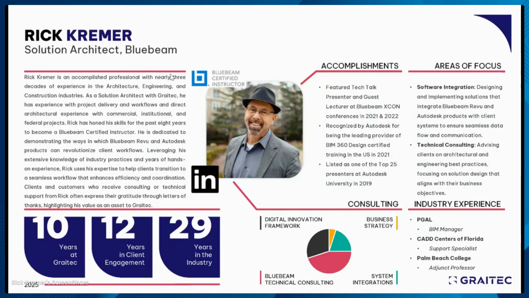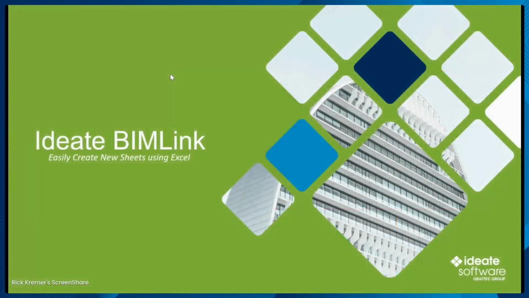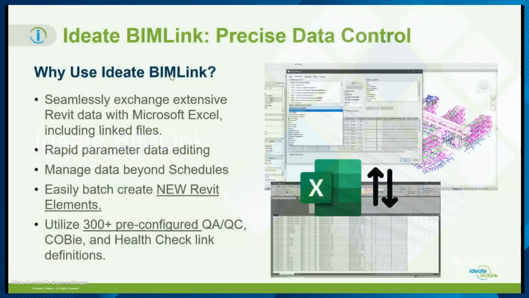But today, we're going to be talking about Ideate solutions, particularly starting off with Ideate Link. Here in the first part, we're going to go through and use Ideate Link to create new sheets using Ideate Link definitions and Excel. So first of all, what the heck is Ideate Link?